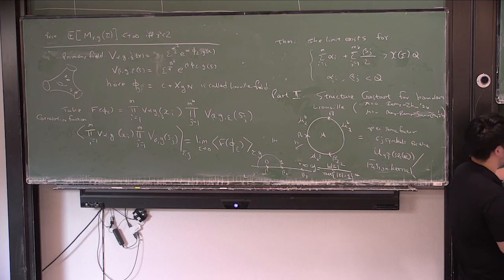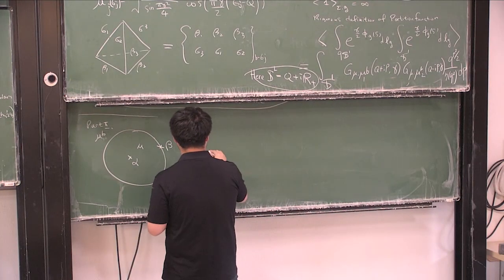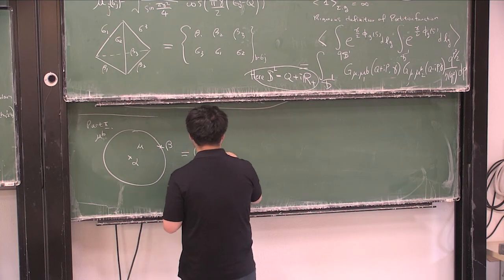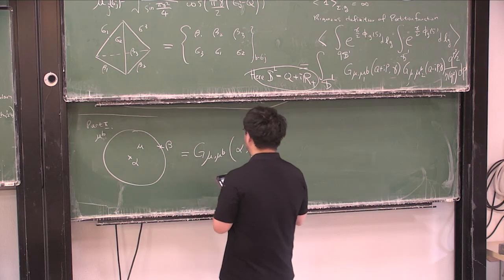Here mu b is indeed a constant. I say it's piecewise constant, but because it's only one insertion, it's just a constant. This function is called the Hausdorff formula. It's also a very complicated formula. I will not give you the explicit form here.